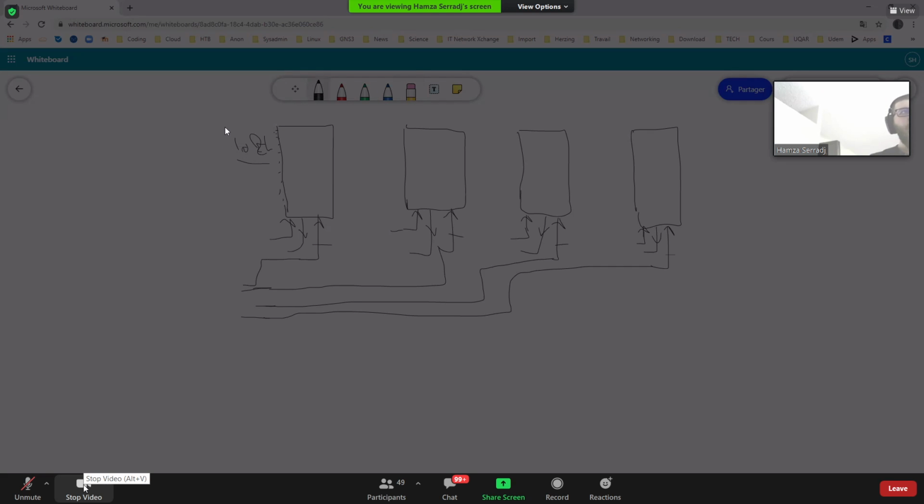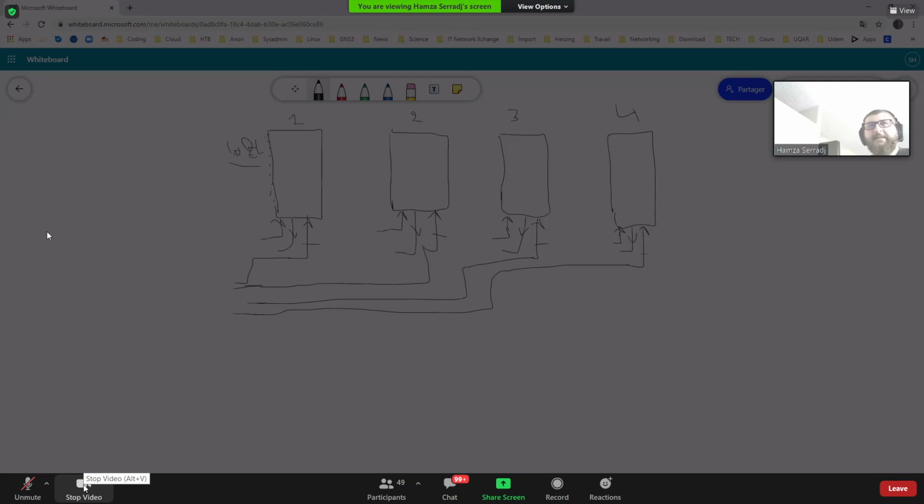I need to say I want to go to the 1000 address in chip number 1 or chip number 2 or chip number 3 or chip number 4. So I have 4 possibilities. And we saw before with 4 possibilities, how many bits can I use to describe 4 locations? 2 bits, right?